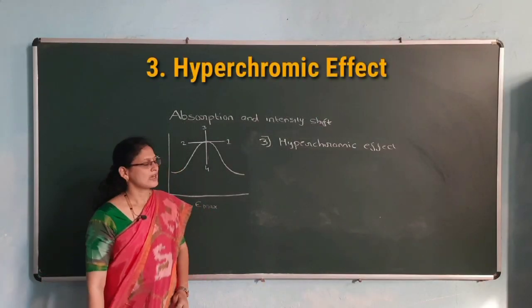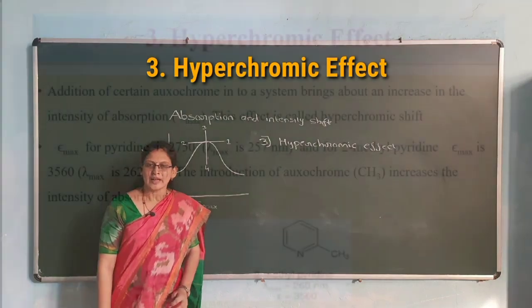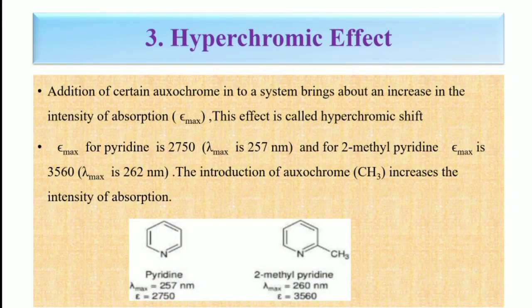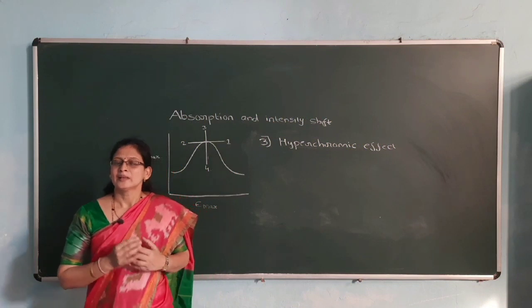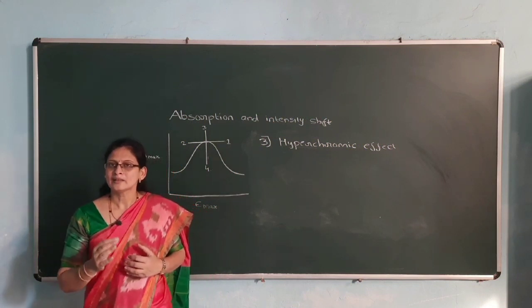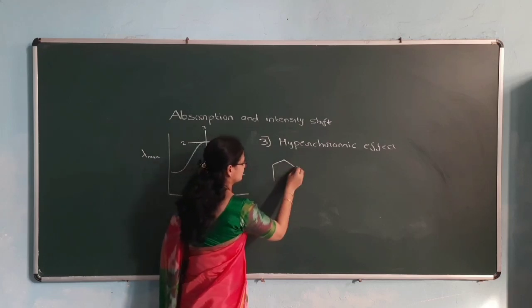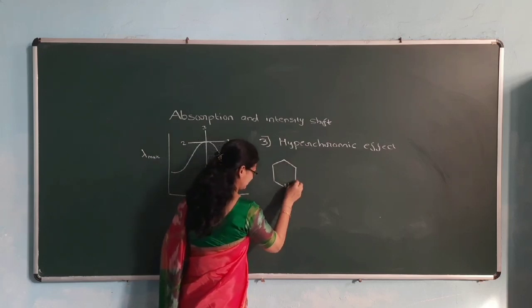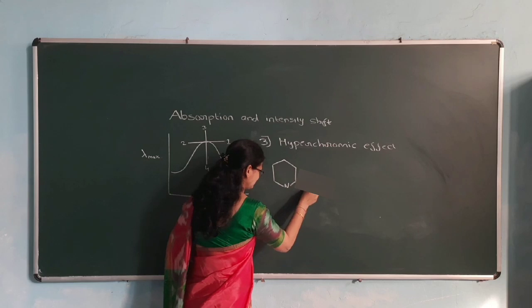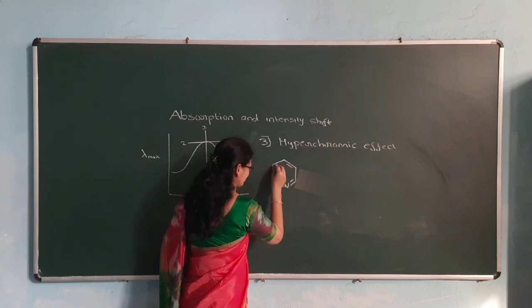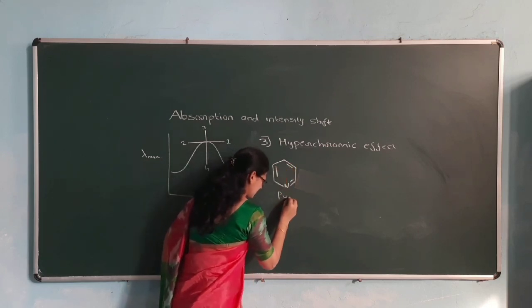The third one is hyperchromic effect. The addition of certain auxochrome into a system which increases the intensity of absorption is called hyperchromic effect. We will take the example pyridine and 2-methyl pyridine. This is pyridine.